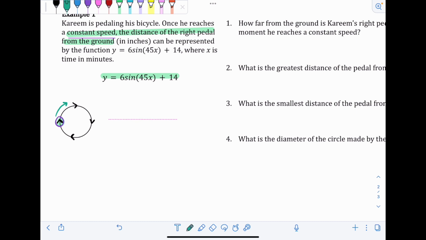Okay, so he starts right here at his midline, and then he goes up to its highest point, as far as how high the pedal can reach, and then goes back down to the midline right there, and then goes down to his lowest point right here. And then I didn't draw long enough, but he goes back up to his midline to finish one full revolution.